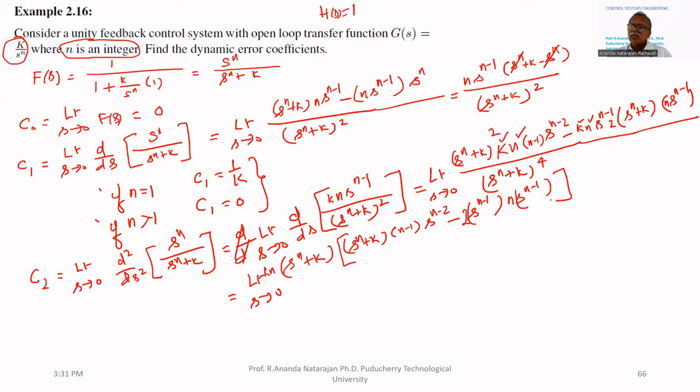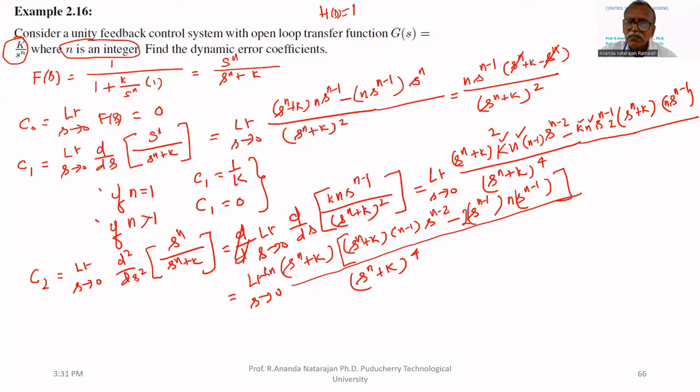N is taken outside. All divided by (s power n plus k) to the power 4.